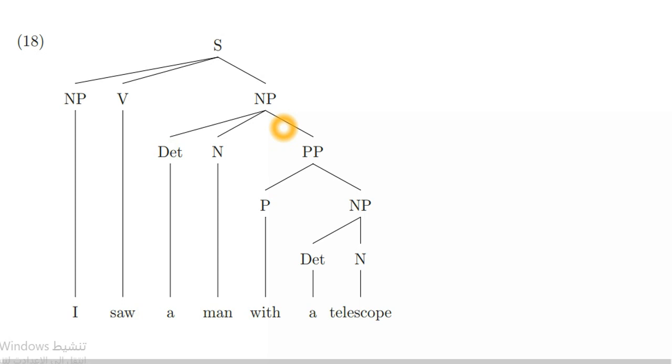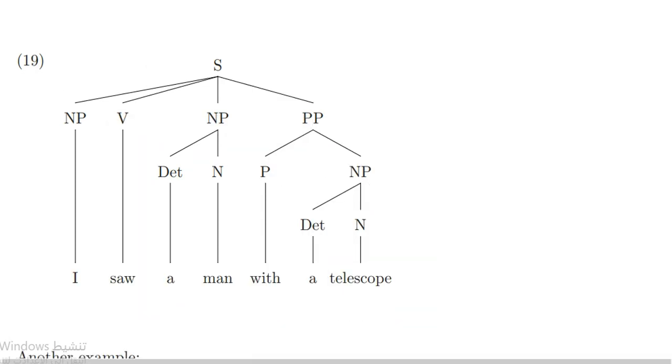We have two parts, and here we have what? Noun phrase. Here we have verb, here we have determiner. It means article. Sometimes we put determiner or article, it depends. Both are correct. Noun, here we have preposition, here we have article, and here we have noun, but all of them are under the noun phrase.